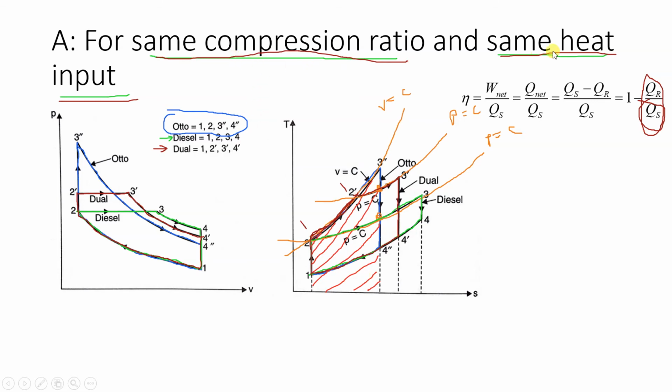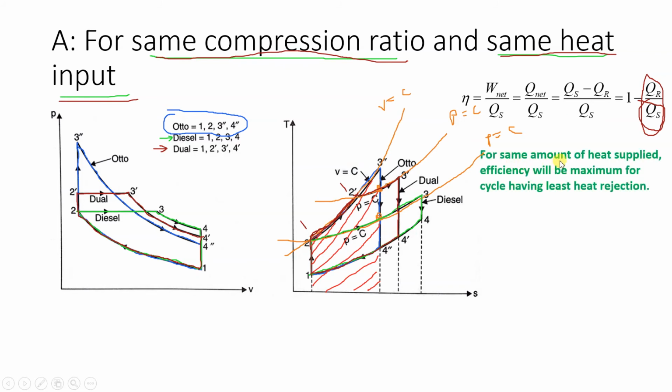Same compression ratio and same heat input. So here you can see now, for the same amount of heat supplied, efficiency will be maximum for the cycle having least heat rejection. And least heat rejection is in case of the Otto cycle, which you can understand from the TS diagram.